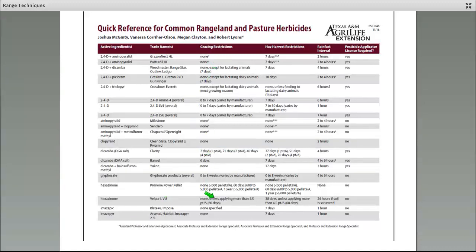You'll see if there's any grazing restrictions, any hay harvest restrictions, rainfast. How long do I have prior to a rainfall? Does it require a pesticide applicator's license? All of that stuff is very common information, handy to have. If you look up ESC 046, that's the number that you could find this publication by.